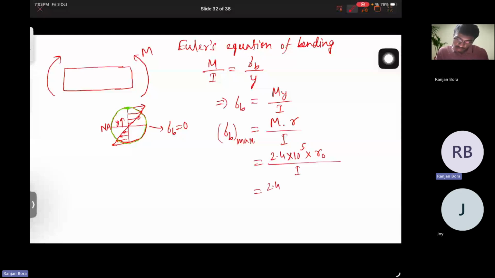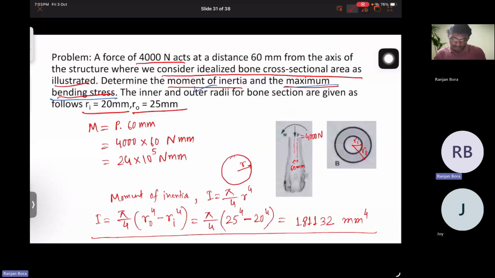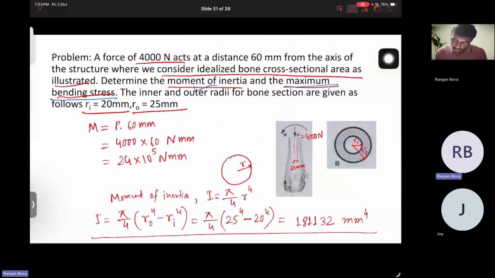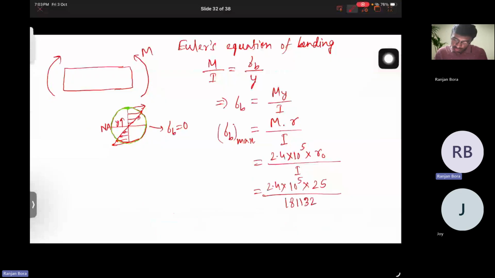Now we can substitute 2.4 into 10 power 5, r naught is 25, divided by I, which is 181132. If we do this calculation, then sigma B maximum will come as 33.12 megapascal.